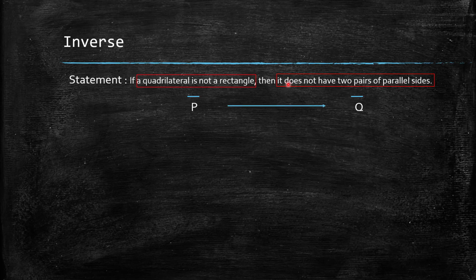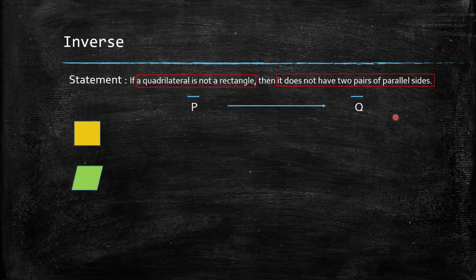So we got another proposition by changing P to P bar and Q to Q bar: P bar implies Q bar. Now let us analyze whether this particular statement is correct or not, given that our P and Q are correct. We will take the similar example, a square and a rhombus.